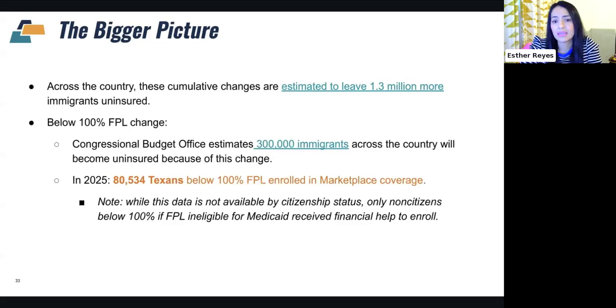This number isn't broken down by citizenship status, so we can't say for certain that they're all immigrants, but that coverage was only affordable to those lawfully present immigrants who were ineligible for Medicaid. Everyone else would have paid for full-priced coverage plans.